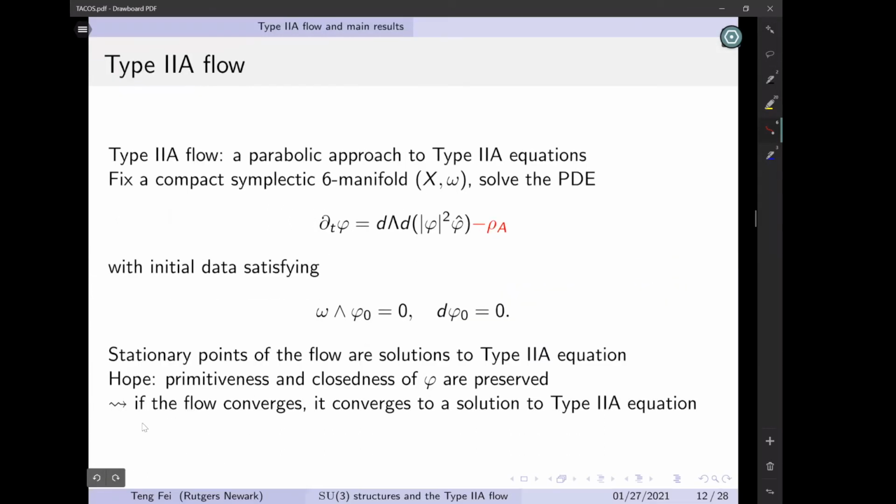And then if the flow converges, it will converge to a solution to the type IIA equations. Obviously the stationary points should be solutions to them. Okay, so this is our hope.